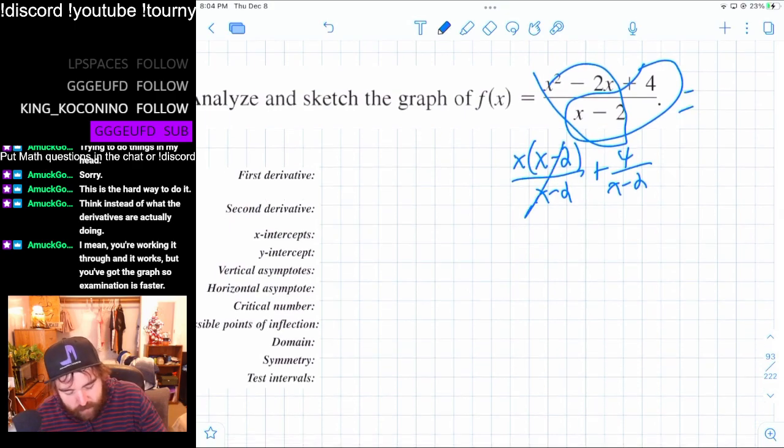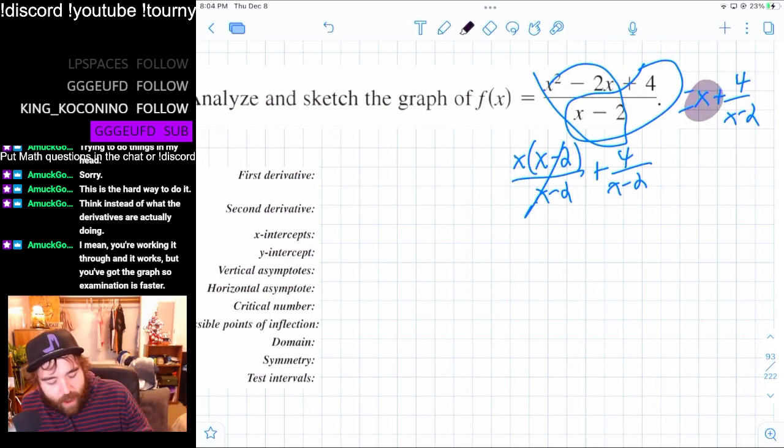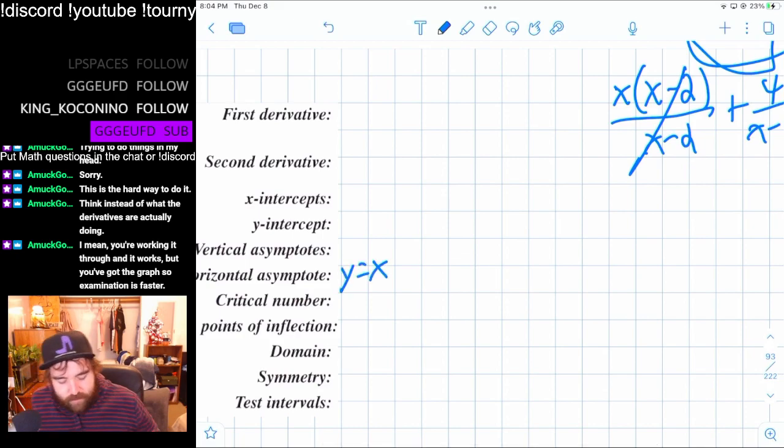And so that just means this function can be rewritten as x plus 4 over x minus 2. And that changes nothing about the function. One thing that shows us is our slant asymptote. So I'm going to put it with the horizontal asymptote, because we're not going to have a horizontal asymptote. That's going to be our slant asymptote, y equals x.